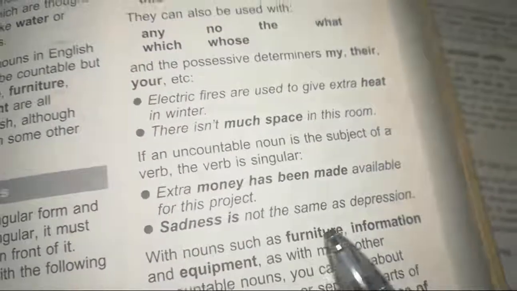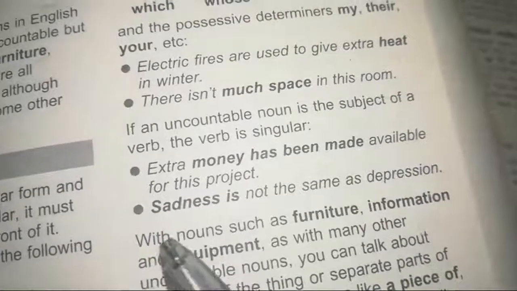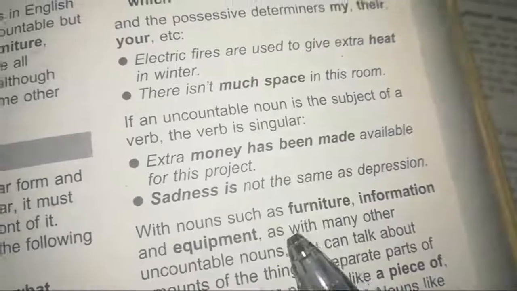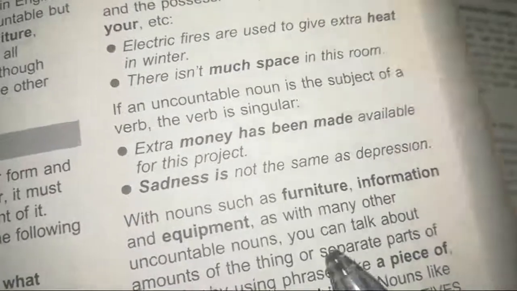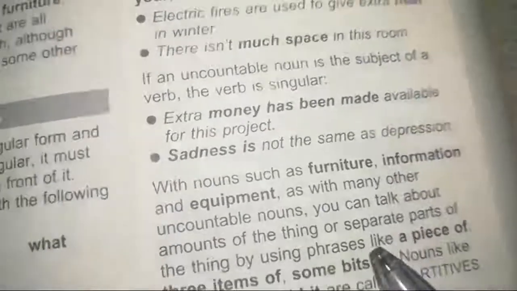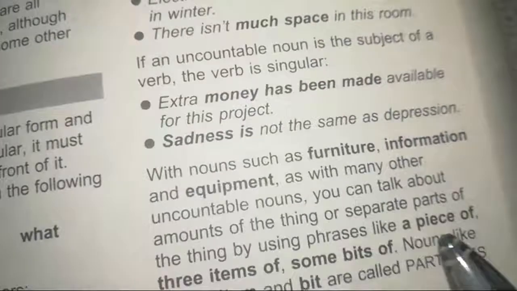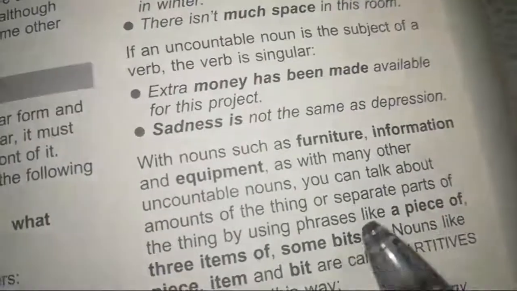With nouns such as furniture, information, and equipment, as with many other uncountable nouns, you can talk about amounts of the thing or separate parts of the thing by using phrases like a piece of, these items of, some bits of.